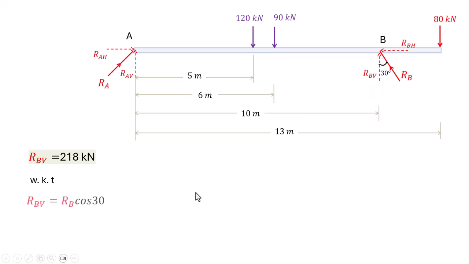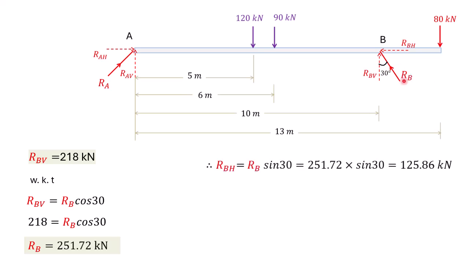By using this data, we can calculate the reactive force RB. Look at these steps. We get 251.72 kilonewton. The horizontal component of reactive force B, just look at here, we get 125.86 kilonewton.